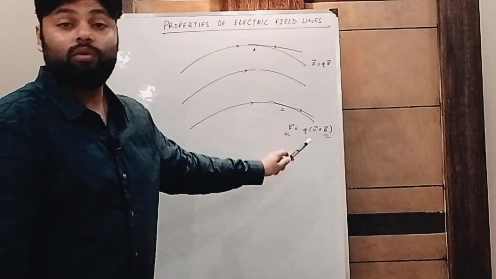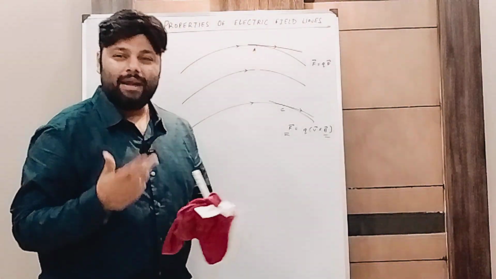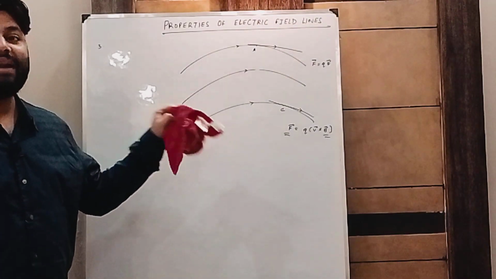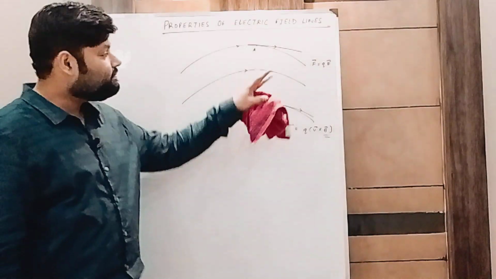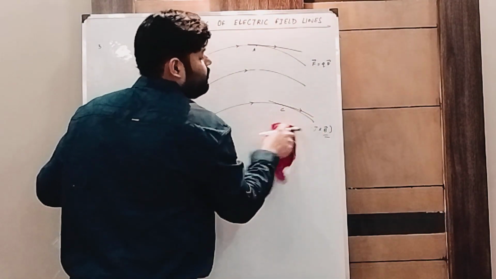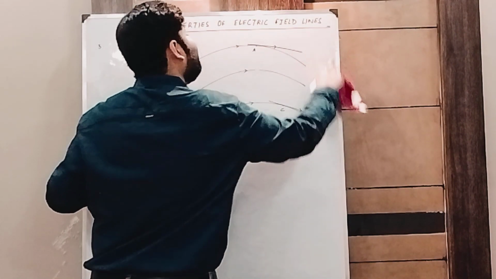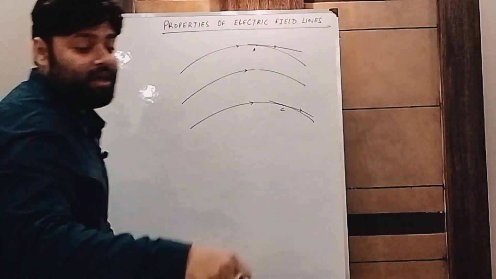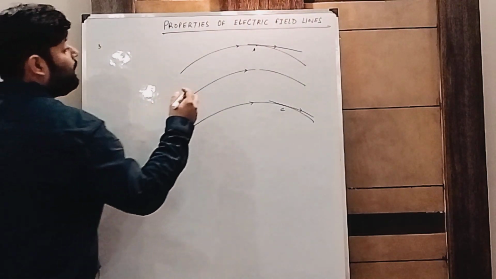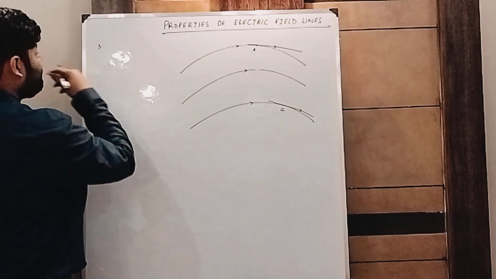This I am going to teach you in a great bit of detail in the chapter of magnetism. But this was something that I wanted to put into your mind so that you are aware about it and it doesn't hurt. Okay.